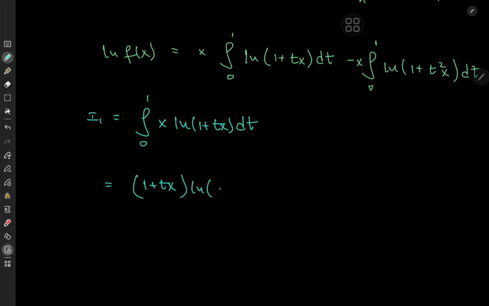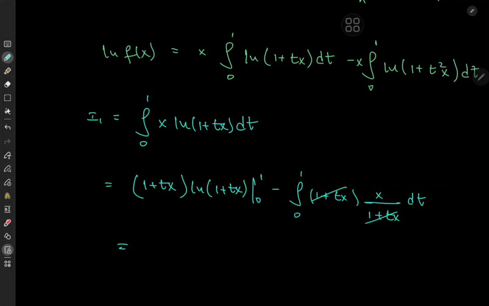So there we go, and we have log of 1 plus tx. We need to evaluate this in the limits t tends to 0 and 1, minus the integral from 0 to 1 of x over 1 plus tx, since the derivative of the logarithm is 1 over 1 plus tx, and via the chain rule we should get this extra factor of x up top. There you have it, some cancellation.